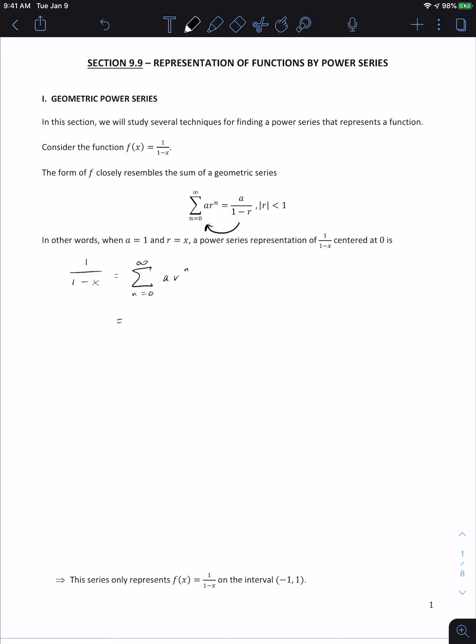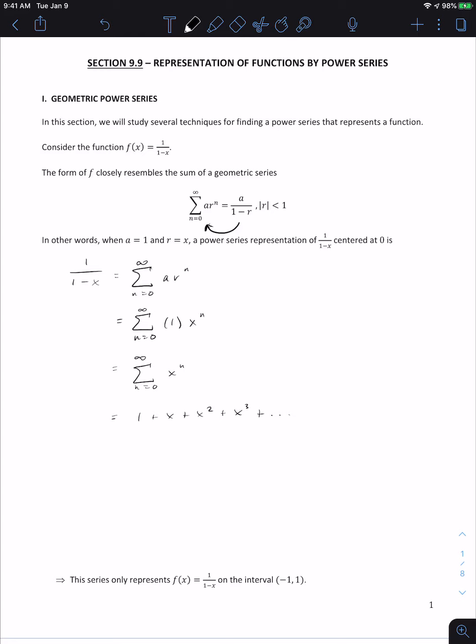But remember, in this case what is our a? Our a is 1. And what is r? r is x, so we get the sum of x to the n, which looks like 1 plus x plus x squared plus x cubed, and so on.